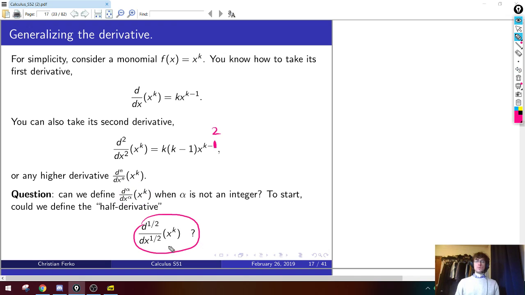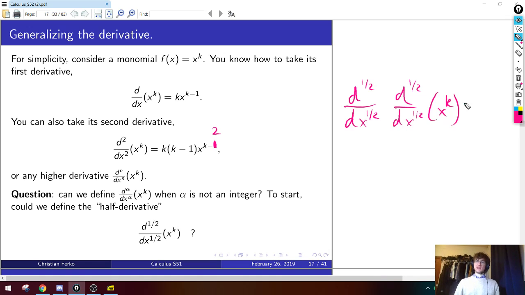Can we take the 1/2 derivative of x to the k, where by 1/2 derivative I mean that if we apply this operator twice onto x to the k, we want it to be the first derivative, kx to the k minus 1? So that's the question we'll try to answer. Can we find such a procedure that takes a 1/2 derivative?